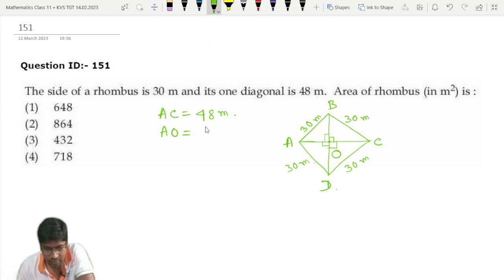AO is 48 by 2 meter, that is equal to 24 meter. So AO we have got. Now AO is 24.